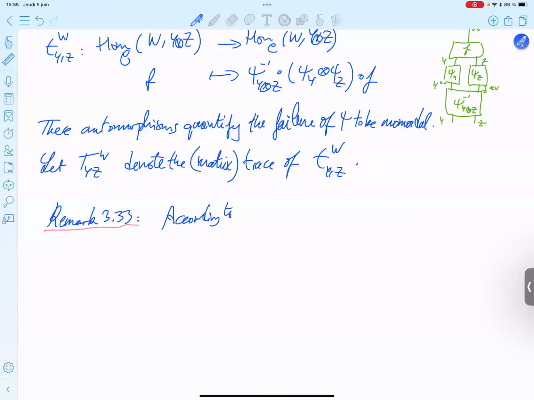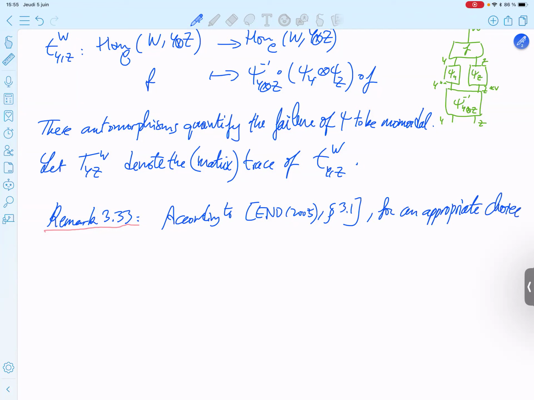According to the Annals paper of Etingof, Nikshych, Ostrik, section 3.1, for an appropriate choice of isomorphism phi, the value T_{Y,Z}^W is an integer.